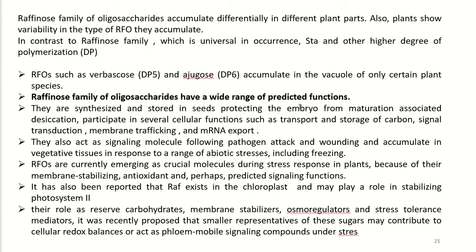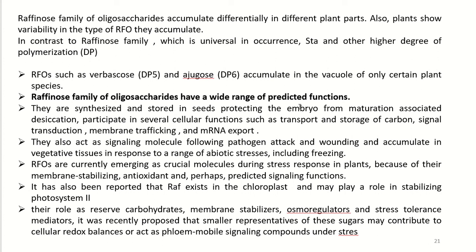Now, in the examination, if I ask what the functions of RFOs in carbon metabolism are, then you have to write that they are synthesized for various predicted functions according to the species, and generally protect the embryo from maturation-associated desiccation. They also participate in several functions, such as involvement in transport.